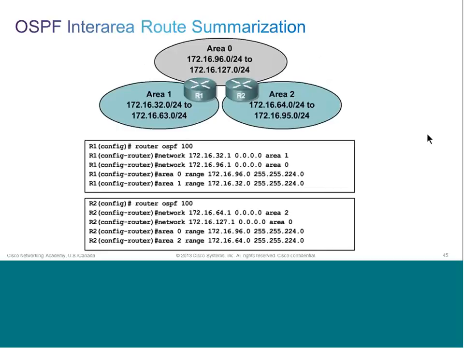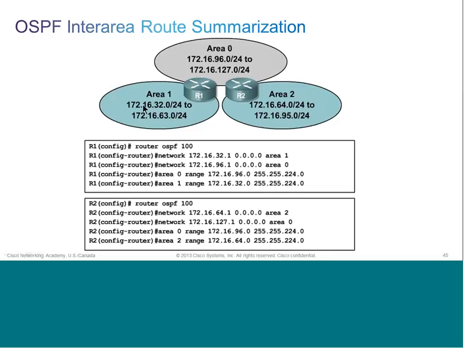In this example, we've also included the commands to summarize. If you look at router 1, it is an area border router. It has area 0 routes from 96 up to 127, and notice these are /24.